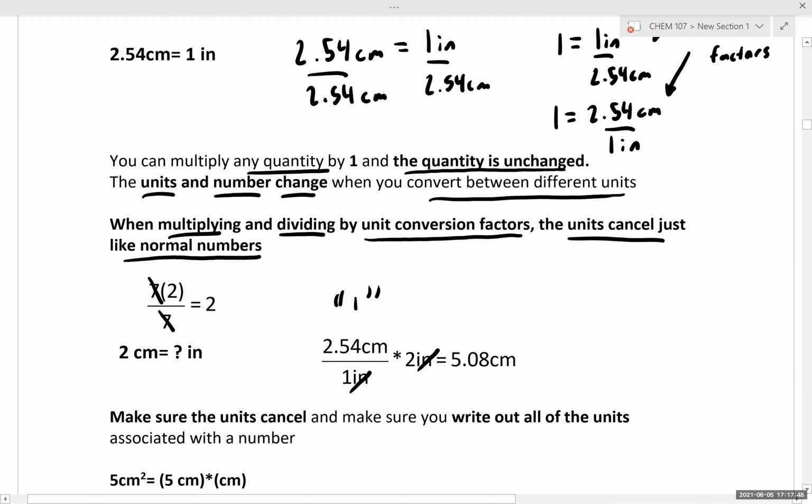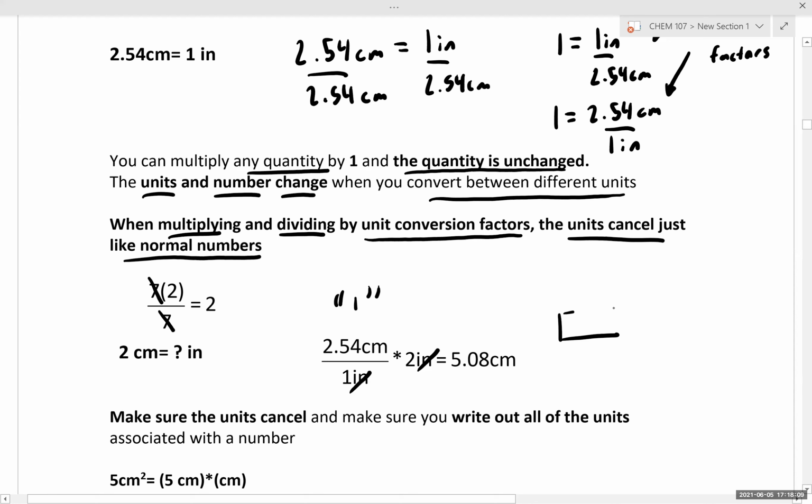Inches cancel, and we now have a new number and a new unit to describe the same quantity of distance. Inches over inches, same values cancel. We multiply out our number and we are given a new number and unit.